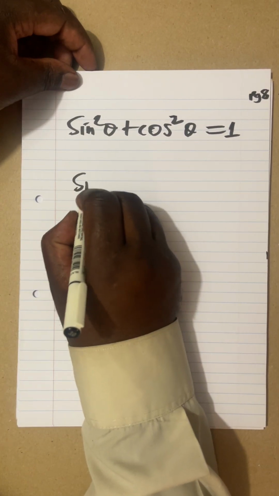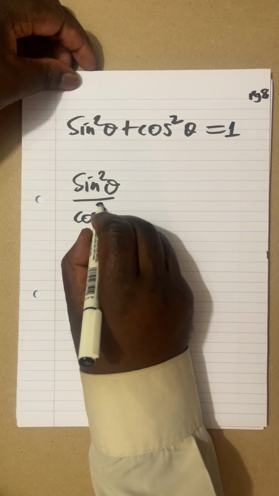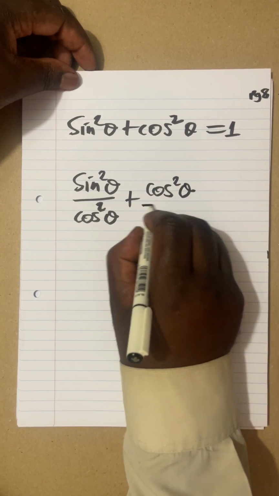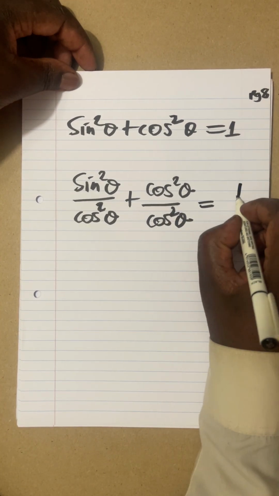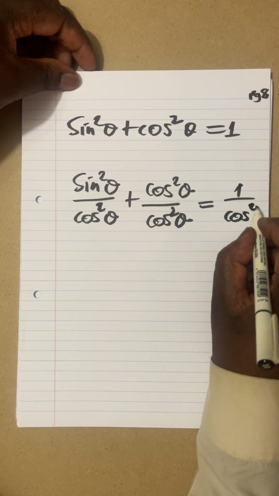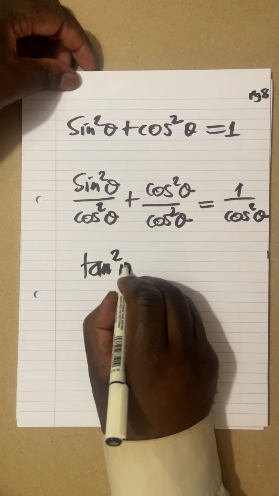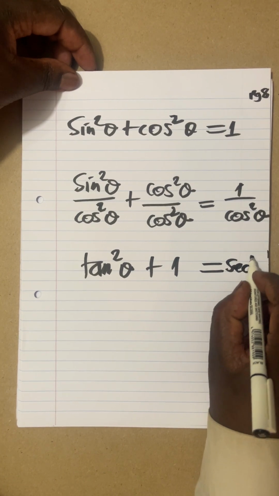I'm going to have sine squared theta over cos squared theta plus cos squared theta over cos squared theta equals 1 over cos squared theta, assuming cosine is not equal to 0. What is this? You agree with me that that's tan squared theta. What is this? 1. And this is equal to sec squared theta.